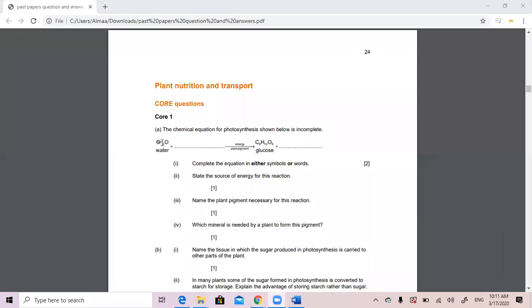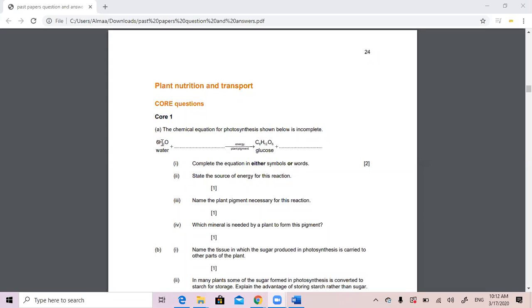Another one, Sarim. Sir, it is oxygen. 6 CO2, it is oxygen. Read your voice, please. Oxygen? No, oxygen doesn't go there. That is from the product.